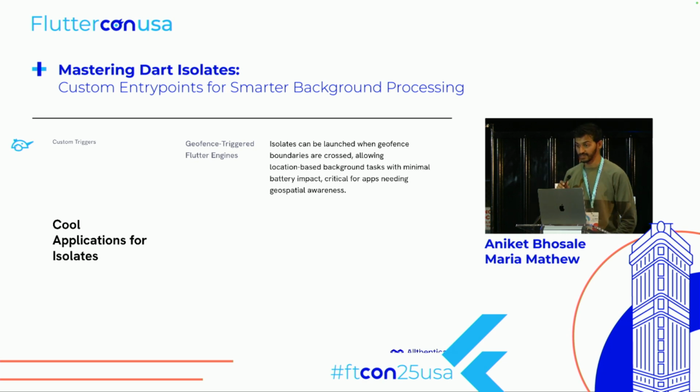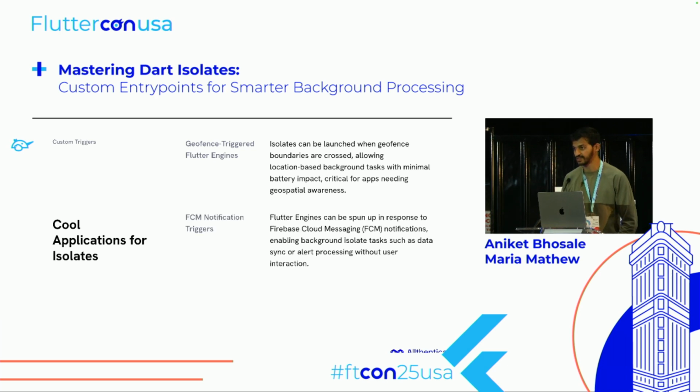All right, so here are some of the cooler applications of isolates other than just parallelization. One of these is what we do: geofence triggered Flutter engines, or geofence triggered launching of isolates. There are other triggers you can use, like an FCM notification trigger.